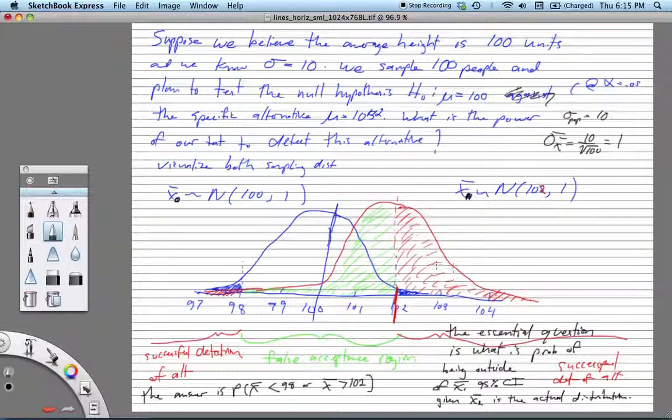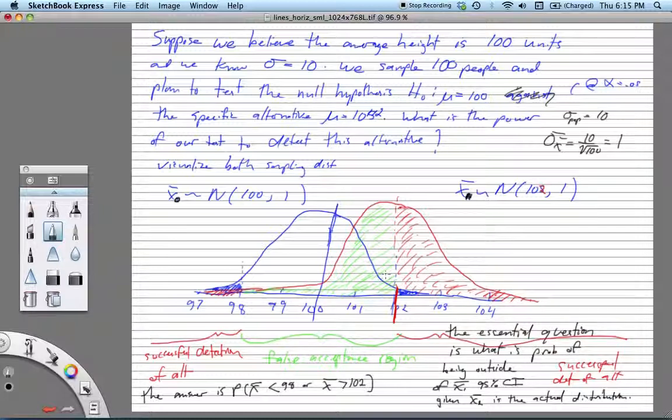So if we take a look at both of these distributions on the same graph, we can see that, if in reality this thing is happening, but we think this other thing is happening, where does the rejection region under the null hypothesis coincide with the actual distribution that's happening?